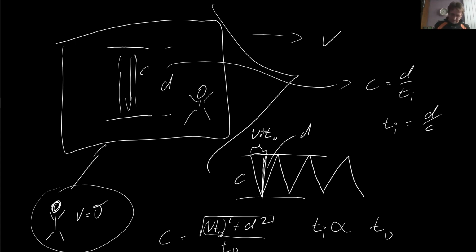According to Pythagoras, we get this component on top, then in the moving frame, where we just have d as resonation.